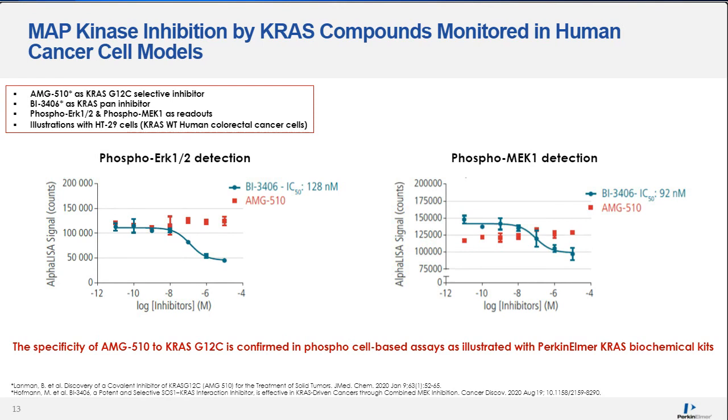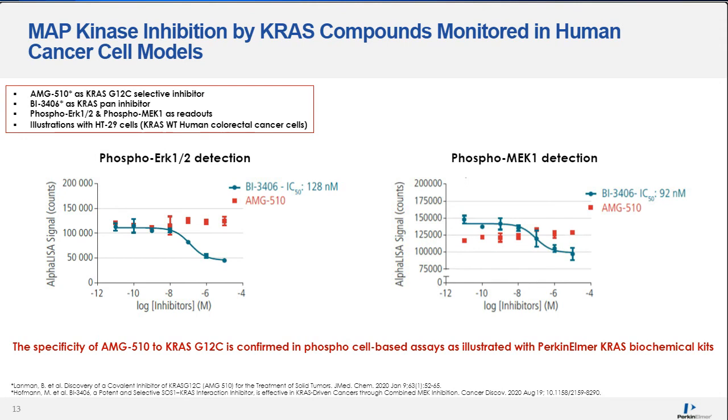As expected, results demonstrated the inhibition of phospho-ERK and phospho-MEK mediated by the BI inhibitor, which is described in the literature to bind KRAS wild type, whereas no inhibition was detected through AMG stimulation, described in the literature to be specific to KRAS G12C.